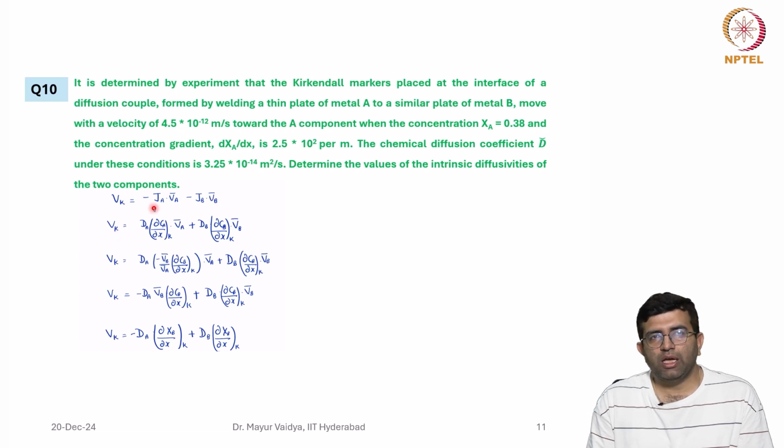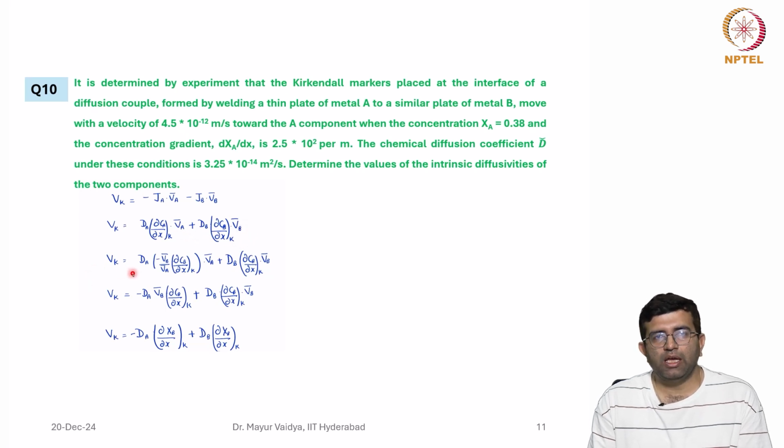So, for Vk, we can replace JA as minus DA dCA/dx at the Kirkendall marker plane. So this minus goes off into VA bar, plus DB into dCB/dx at the Kirkendall marker plane into VB bar. Remember, here VA and VB are the volumes.